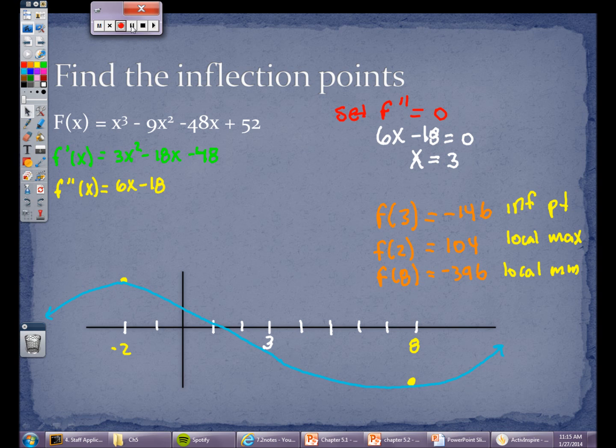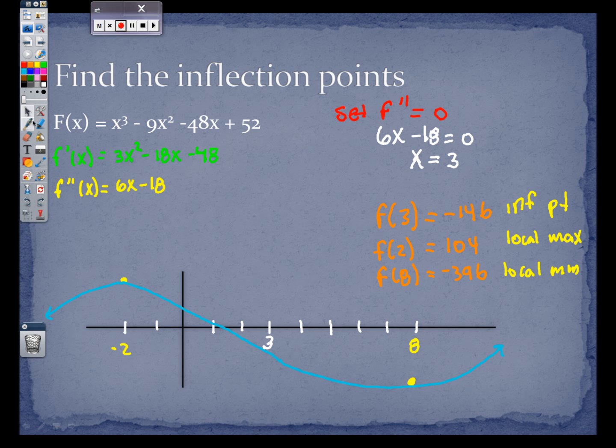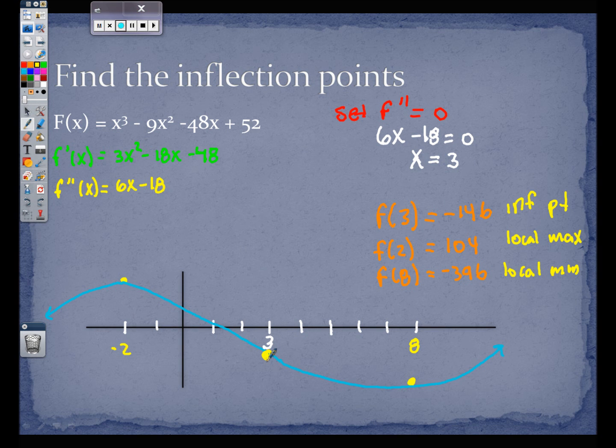I'm most interested in the inflection point located here at 3, -146. That's where the graph is changing over from concave down to concave up.